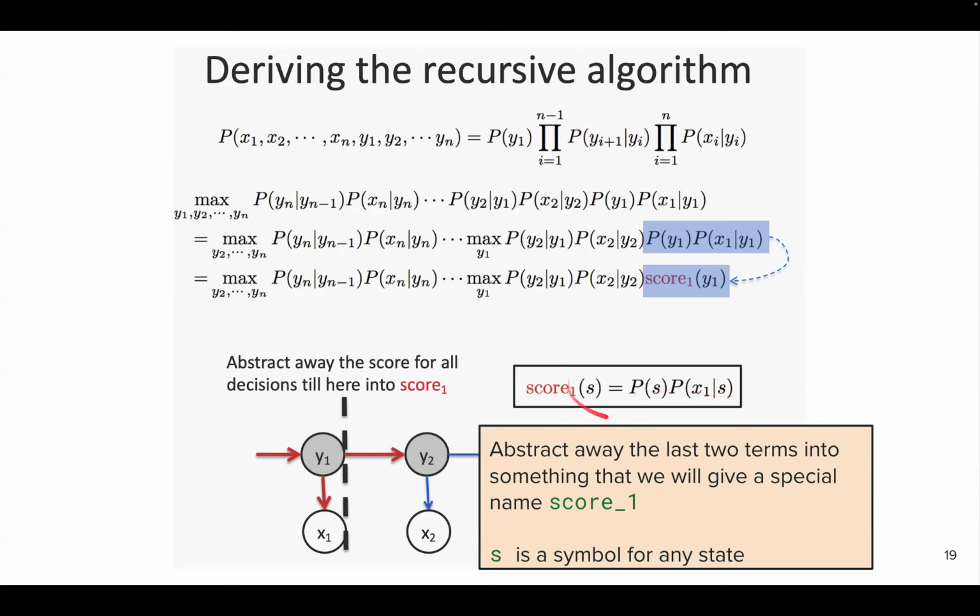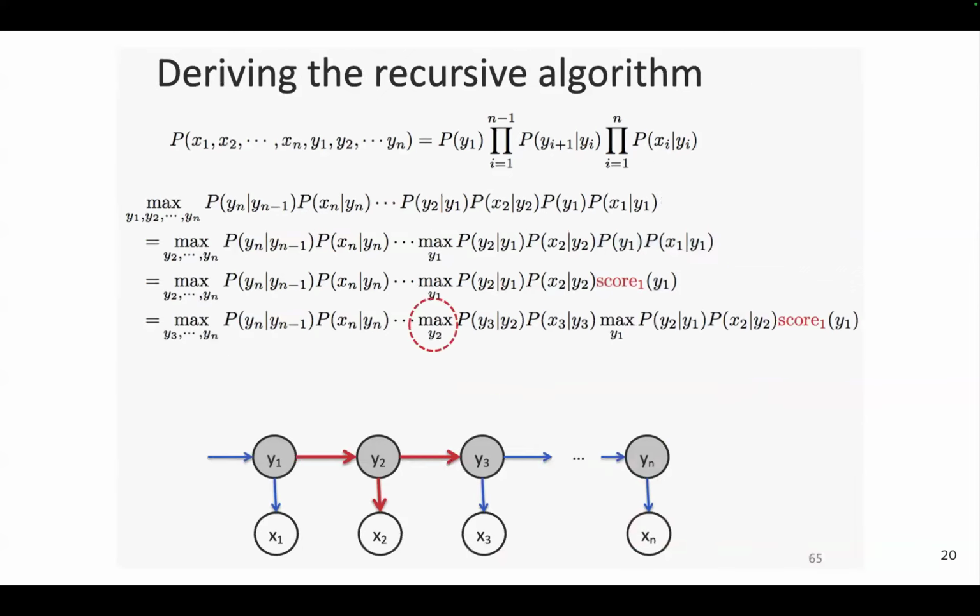So we are abstracting away the last two terms into something that we give a special name, score 1. And S is a symbol for any state. For us, states are the part of speech tags. So this is the first thing we do. This is our initial thing we need for our recursive algorithm. And then we are going to define the recurrence.